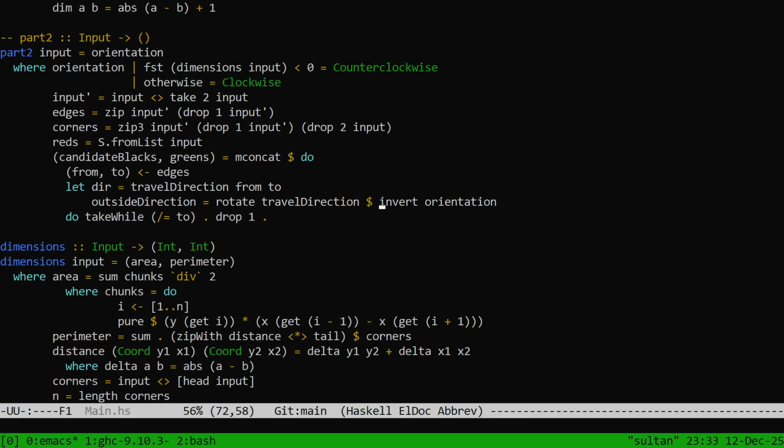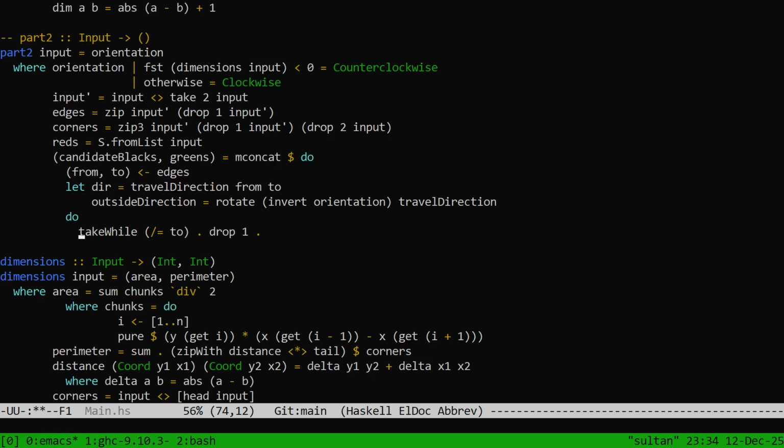Oh, actually rotate takes its arguments in the other order, which seems like it would be clever, but at the moment it's the opposite of what I want. I guess I can't just write a do because I need to stop, like take while, right? Well, maybe what I can do is say do tile comes from this maybe.